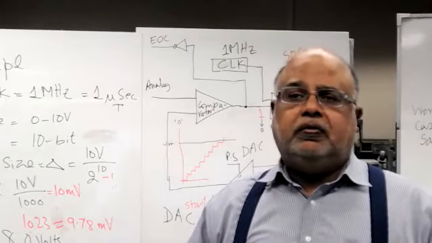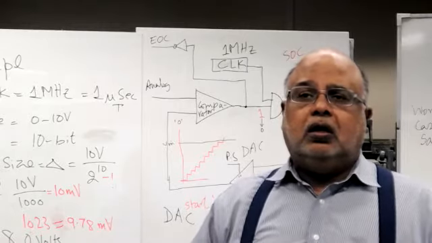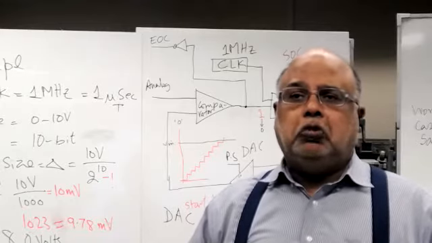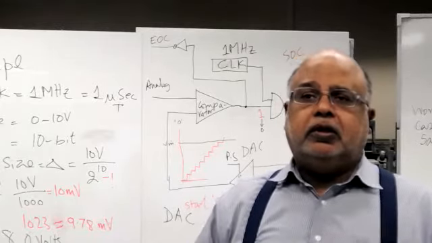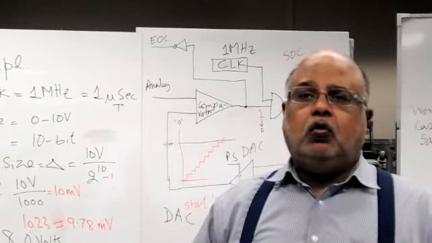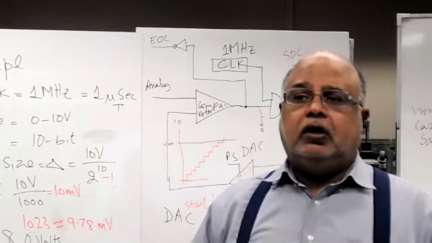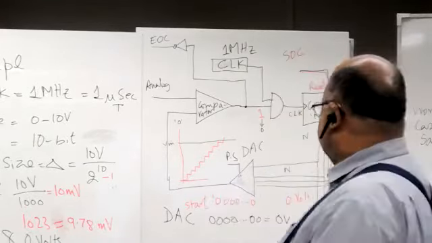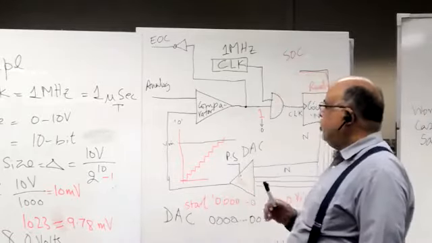If you look at this speech signal, which is band limited to say 20 kilohertz, the maximum sampling frequency you need is 40 kilohertz, and 1 over 40 kilohertz is less than this worst case sampling time. So you cannot use this for speech.